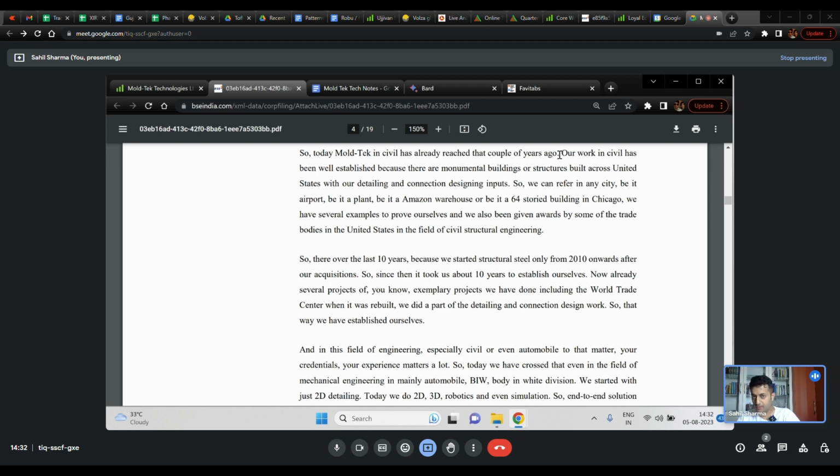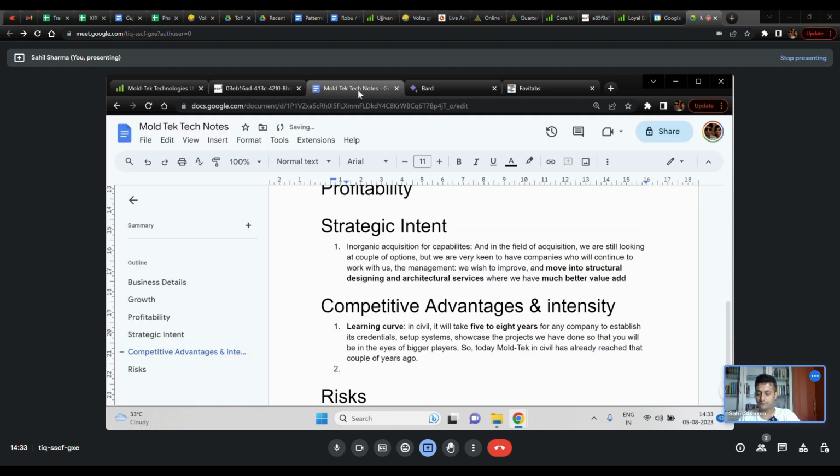Now he has talked about the fact that this civil work is well established in the United States, and you can look at it through the reference projects that they have done in a lot of different cities. For example, there's an Amazon warehouse and a 64-storied building in Chicago. These are some of the reference projects that they have done. Because you need references, you need that capability, and clients need to see that you have already done projects.